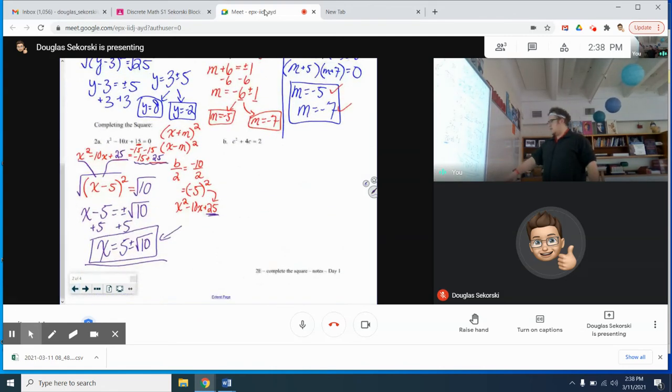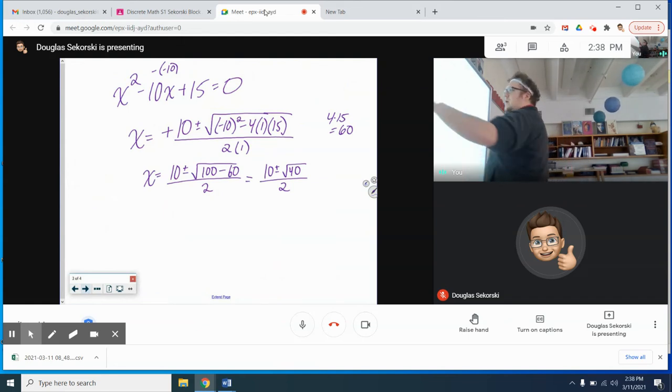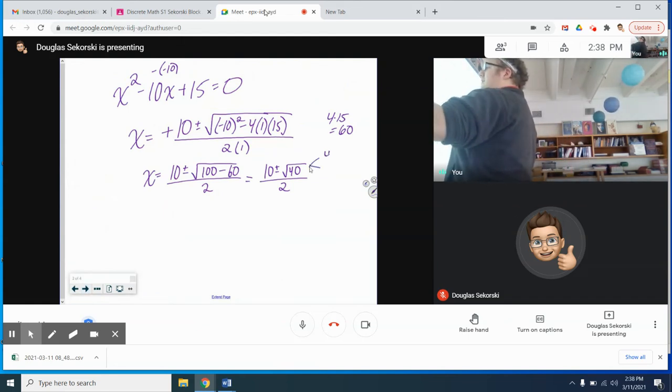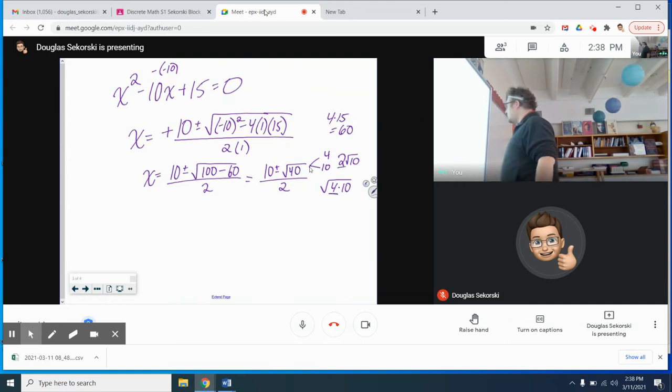5 plus or minus the square root of 10. Okay, that was the answer we're looking for. And we know that 40 breaks into 4 and 10, so I could say 2 root 10, because this is really 4 times 10 here. So the 4 comes out as a 2.